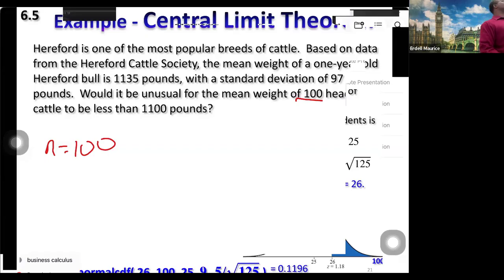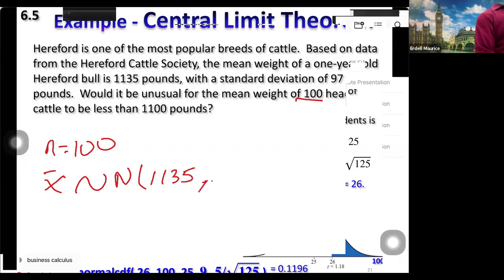So is that larger than 30? That means we're in business, yes? All right. And so therefore, X bar, the average weight of 100 head of cattle, follows a normal distribution. What's the mean going to be? 1,135.